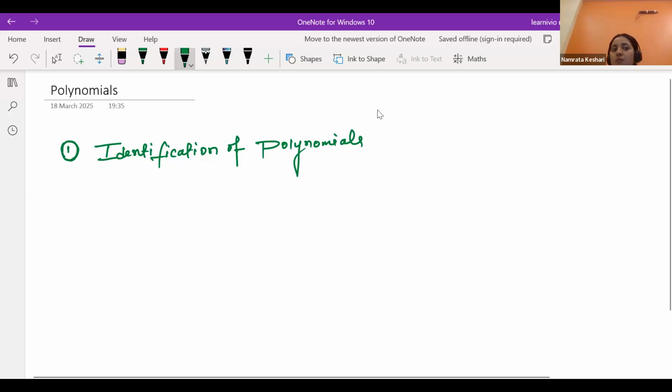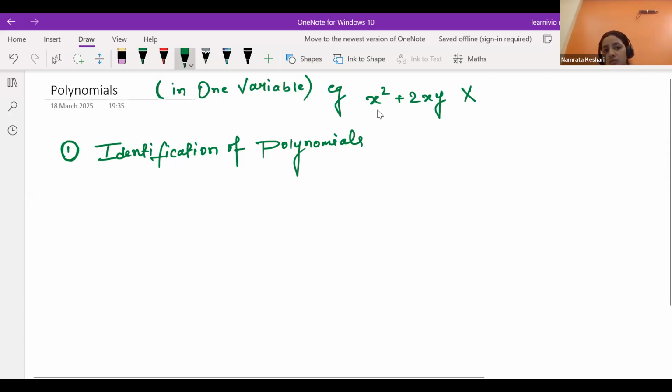When we are talking about a polynomial, by default we are talking about a polynomial in one variable. So many variables are not allowed. For example, x square plus 2xy is not a polynomial because one variable is not involved. x is there and y is also there.